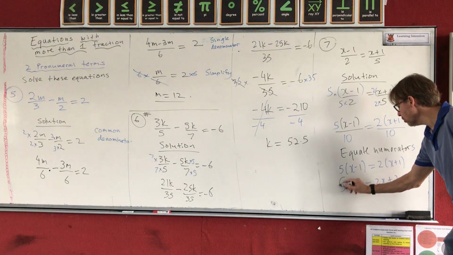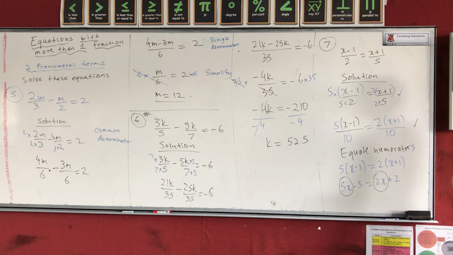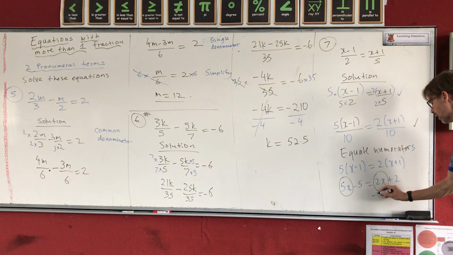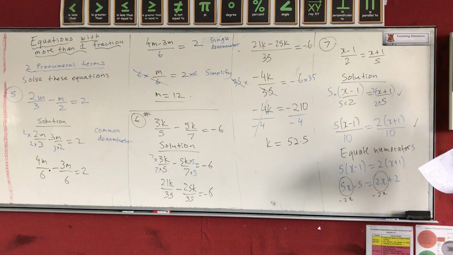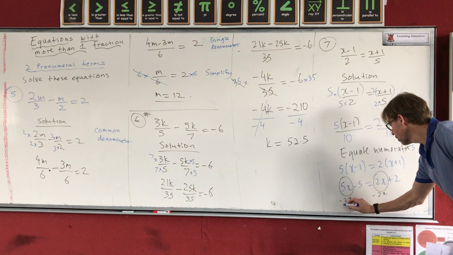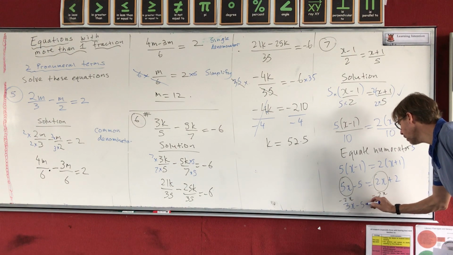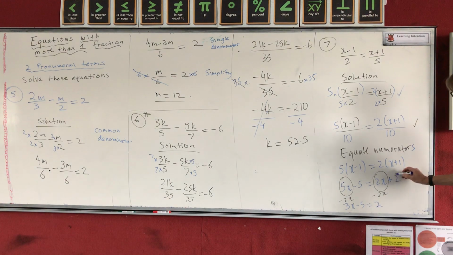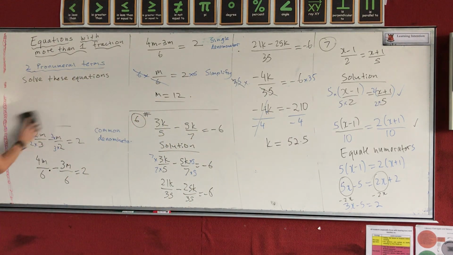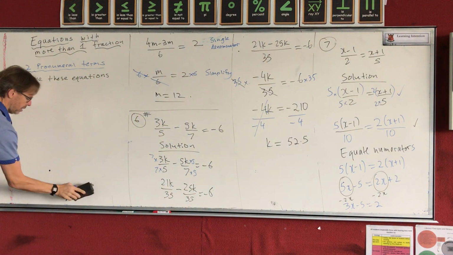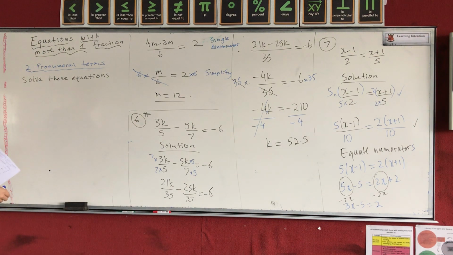Now you've got two pronumeral terms here. Here we go. Two pronumeral terms. So you're going to get rid of one of these. So I'm going to take away 2x. Take away 2x. That's going to give me 3x minus 5 equals 2. Okay, that 2 is still there. And then coming over here, now that's going to be 3x minus 5 equals 2.